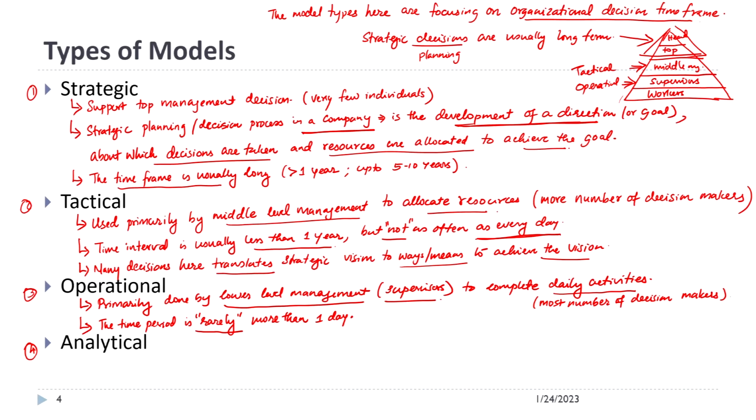And then comes the analytical models. These models facilitate or conduct or perform the analysis of data.